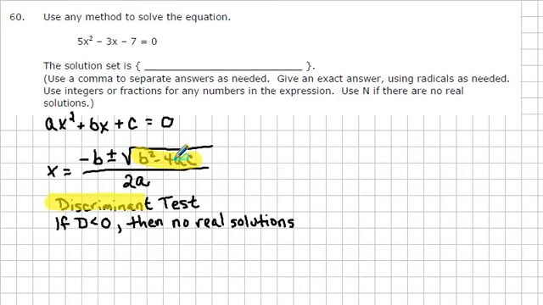If the discriminant ends up being 0, we would have the square root of 0, which is 0. And if you add or subtract 0 from a number, it just ends up being that number, and there would just be one solution. That one solution would be minus b over 2a. So if d is equal to 0, then there's just one real solution.